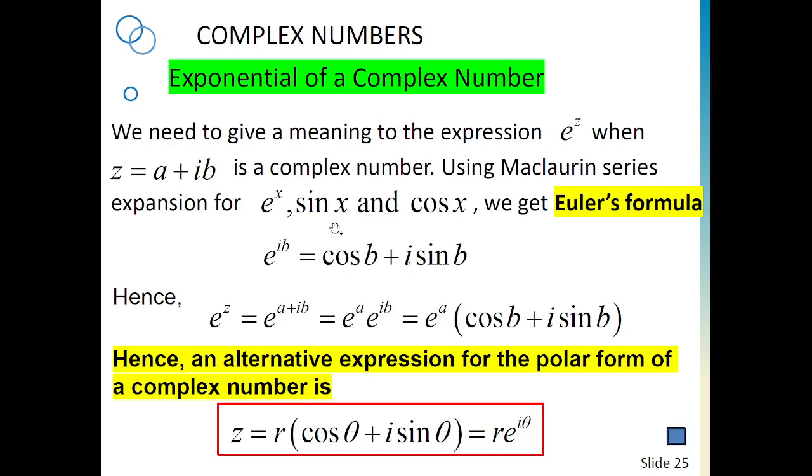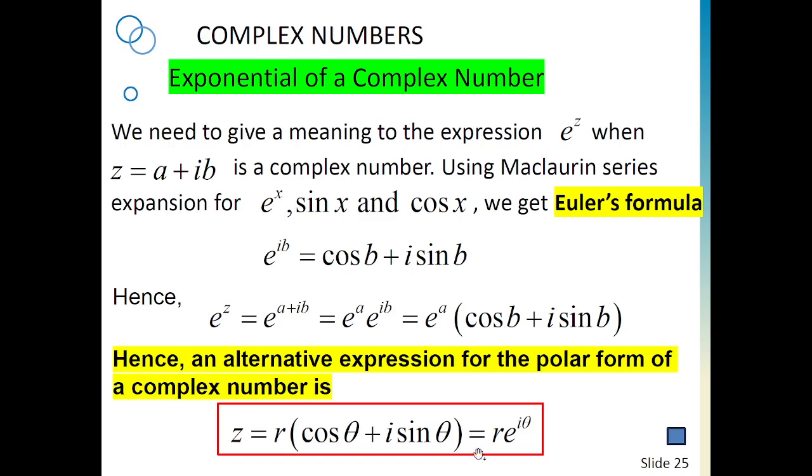Knowing the series for the sine and cosine, we get something like this. No need to do the details, but that's Euler's formula coming from this development. Essentially, e to the power of a complex number is e to the power a, the real part, times cosine of b plus i sine b.